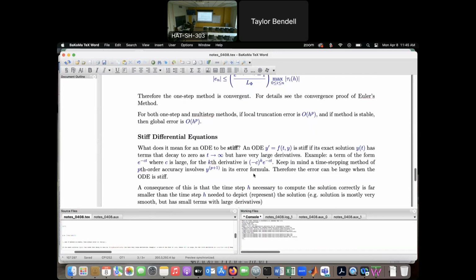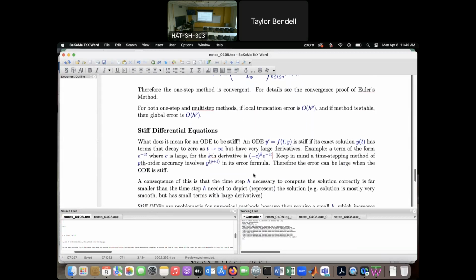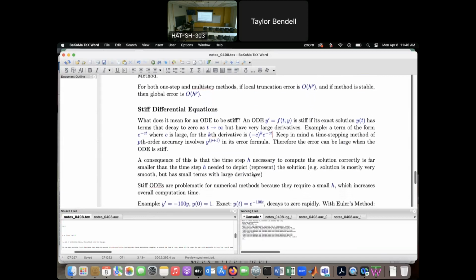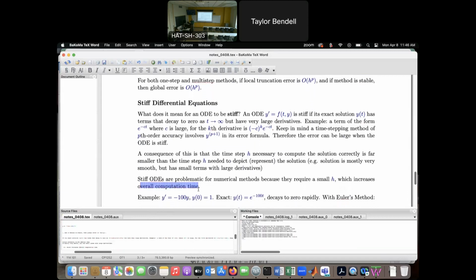Because suppose the solution is very smooth, and your time-stepping method is basically sampling the solution at points with a certain spacing. If the solution is very smooth, then just to represent the solution accurately, your time step h does not need to be very small. But if the problem is stiff, it needs to be small anyway, just to compute your solution at all. So you end up incurring a lot of extra computational effort.